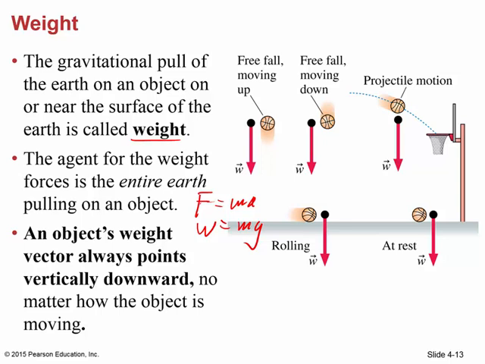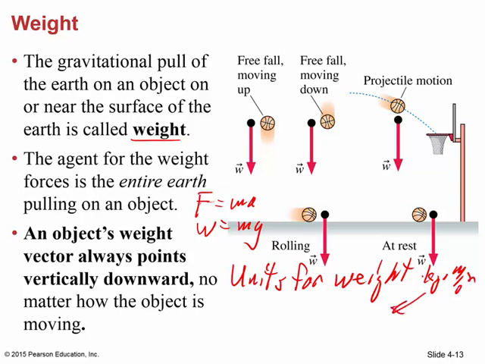And so that's how we define the weight, and of course the units for weight, okay, are what? Well, that's going to be the Newton. It's a kilogram meter per second squared, and that is equal to a Newton, capital N. And that's how we write forces. The unit for forces is the Newton.